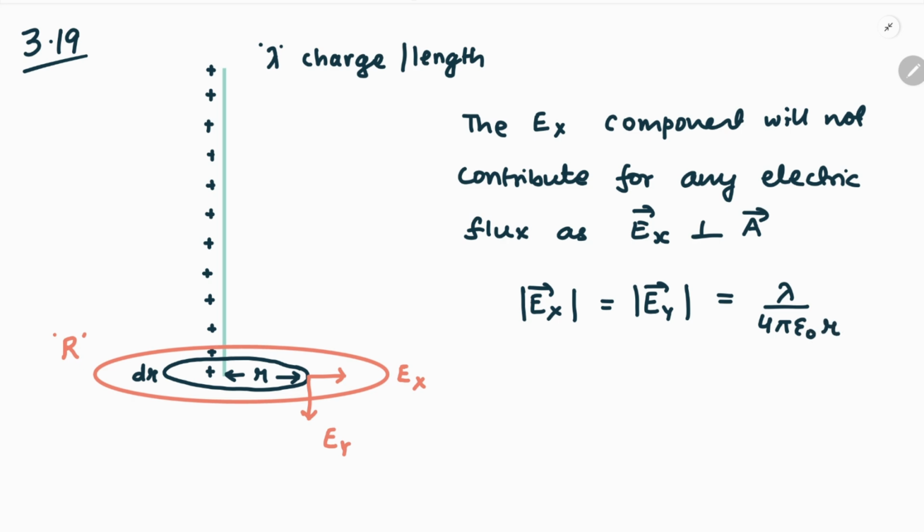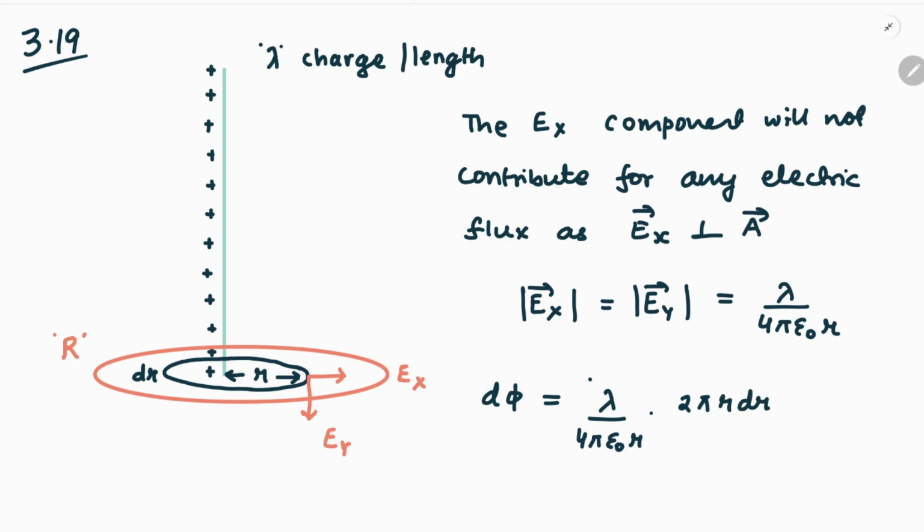So this is the value that we write, k lambda by r, or lambda upon 4 pi epsilon naught r. Over here at this distance, if we calculate the elemental flux, it is equal to lambda upon 4 pi epsilon naught r multiplied by the area of the patch that we have, which is 2 pi r dr.